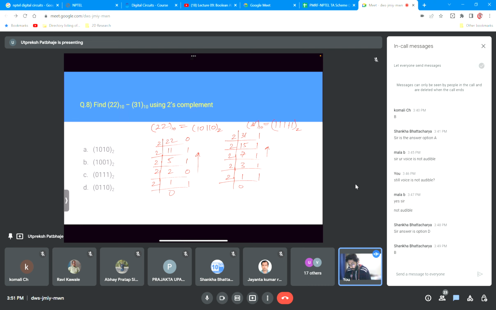But you have to take note that this is the negative of 31, so 22 in base 10 minus 31 in base 10 can actually be written as 22 in base 10 plus minus 31 in base 10. This minus 31 you have to represent using 2's complement. How 2's complement is found out is by flipping the bits.